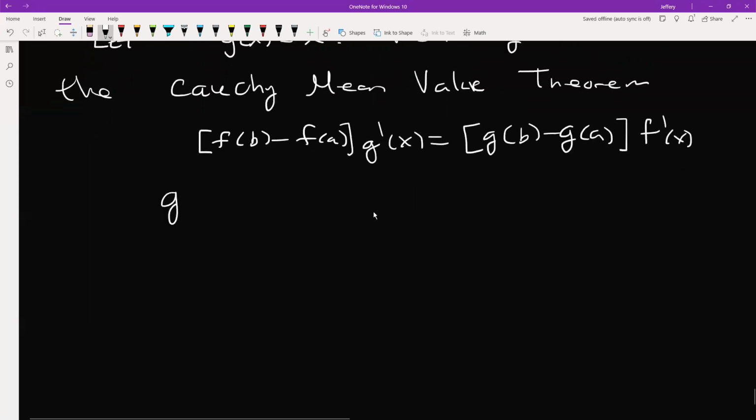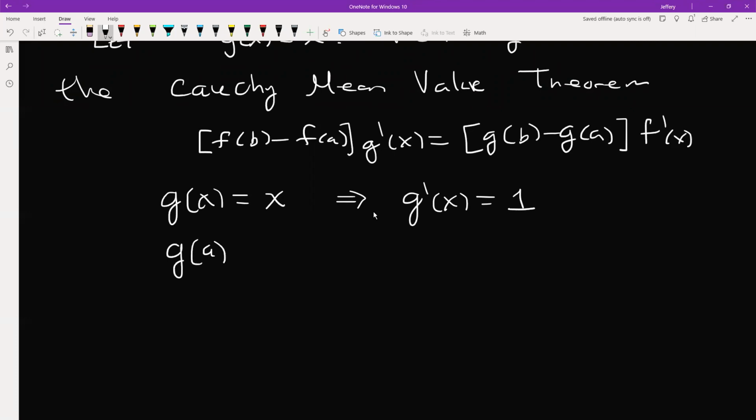Well, g of x is equal to x, which means that g prime of x is equal to 1. And it also means that g of a is equal to a, and g of b is equal to b.